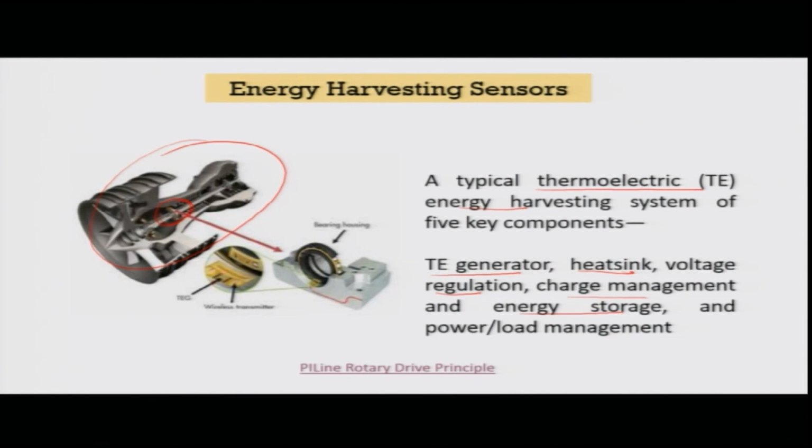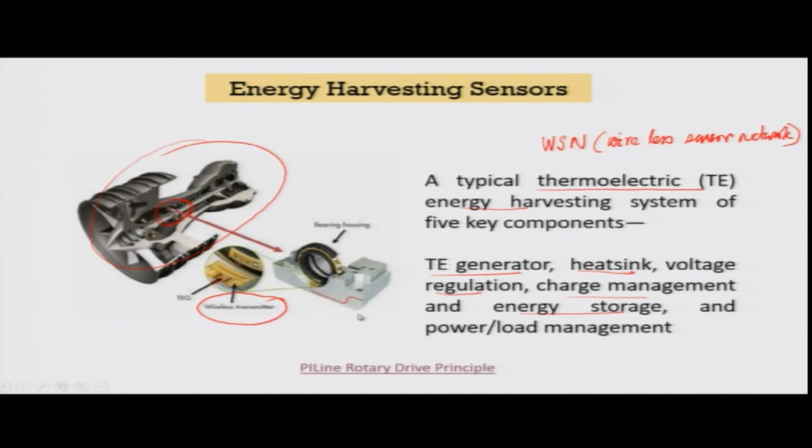So, these thermoelectric generators can be used to give power to the wireless transmitters, and through them to all the wireless sensor networks. We call it WSN, which essentially means wireless sensor network, where you can use this kind of energy harvesting devices. There are other applications of energy harvesting devices also, which I will discuss subsequently.